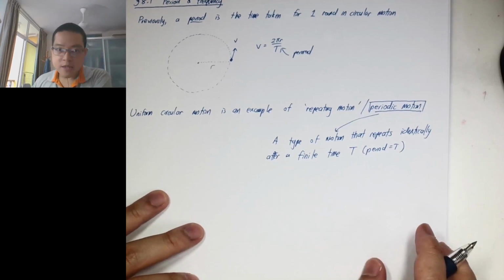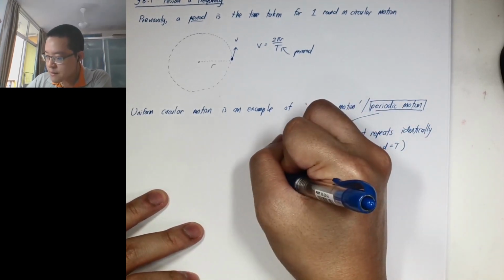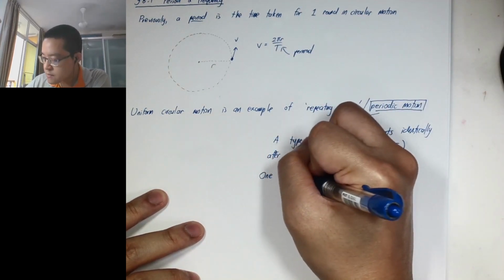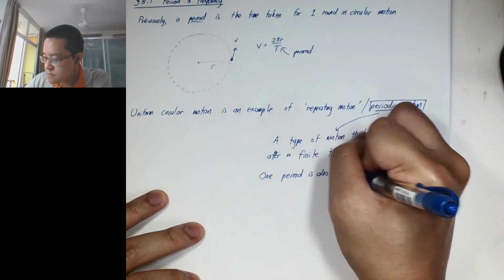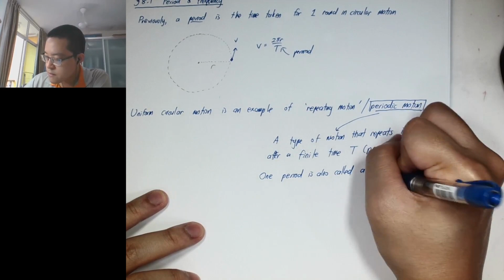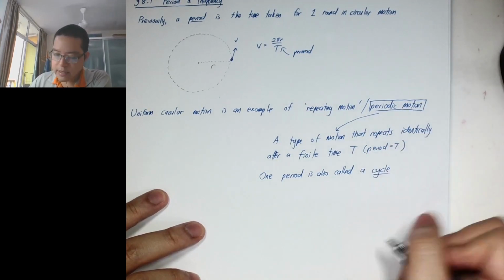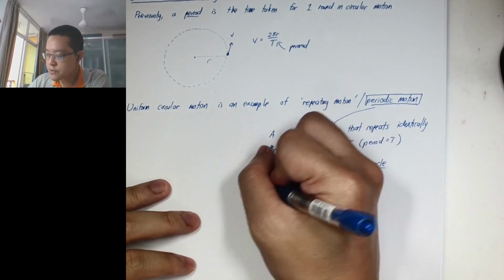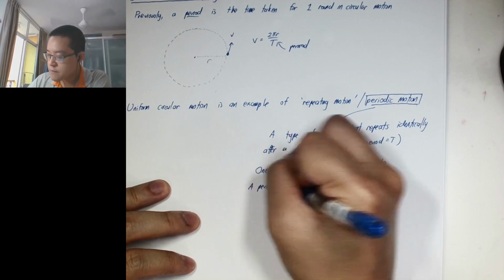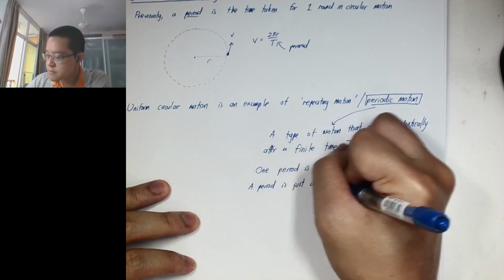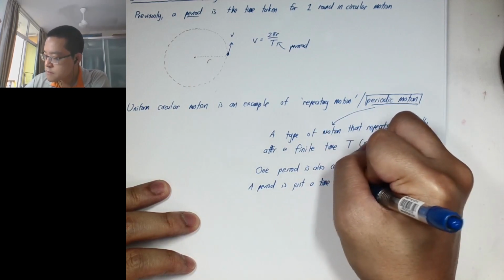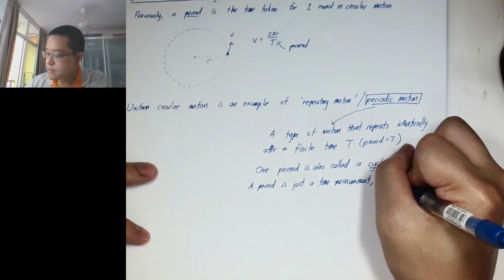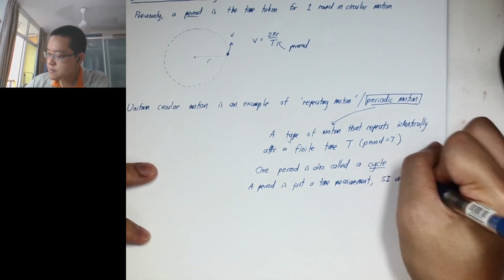Okay, more terminology. Sometimes you see textbooks use the word cycle instead of one period. So one period is also called a cycle. And a period is just a measure of time, so the SI unit for big T is seconds.